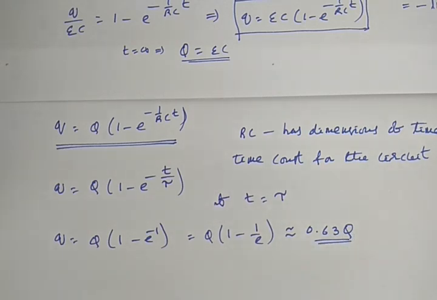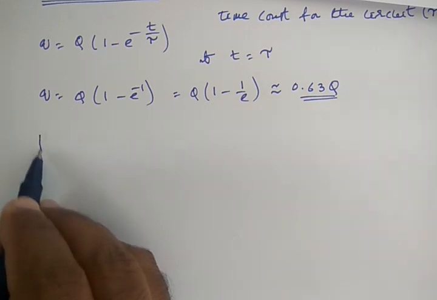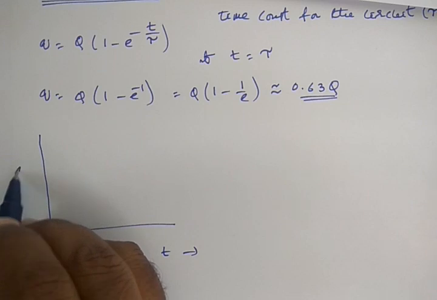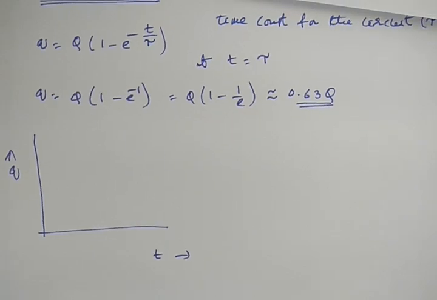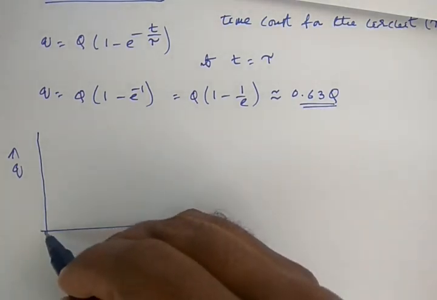So if I draw the graph between charge and time, here it is time, and now let us say this is q. As time increases, the charge on the capacitor plate also increases. So it will go like this.